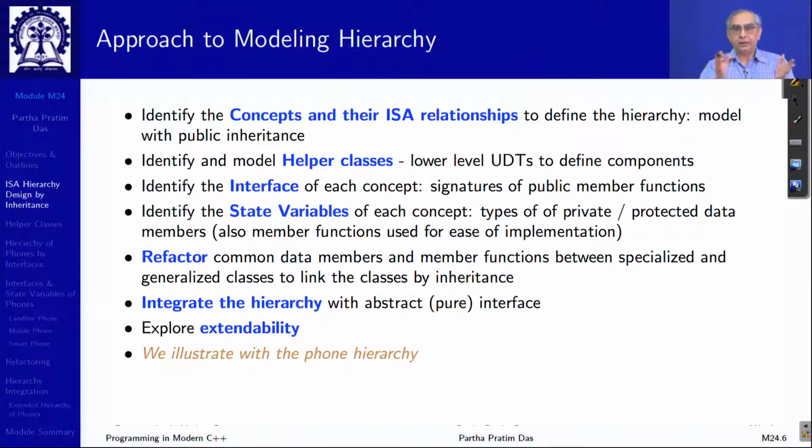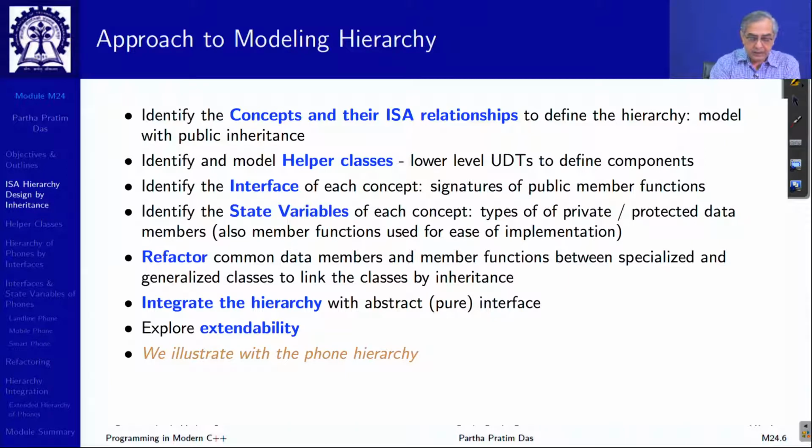So, there are variations between them which we are trying to capture by the ISA relationship, and we will try to model that with public inheritance. That is the first step, that is, you capture the ISA relationships.